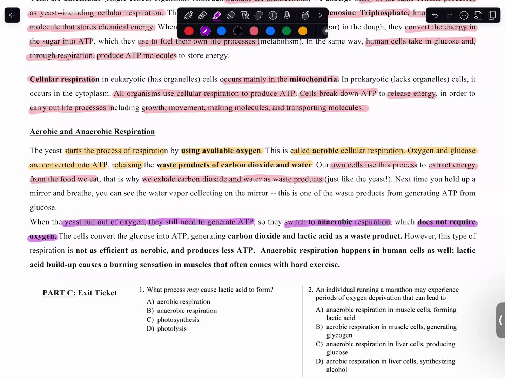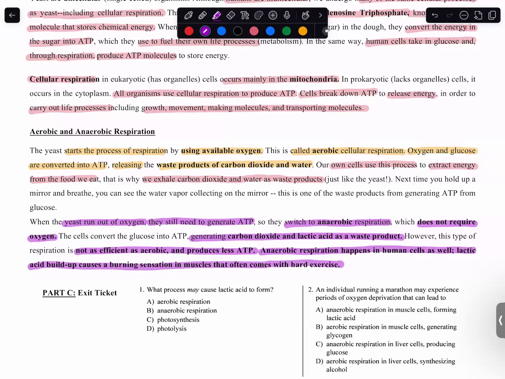The cells convert the glucose into ATP, generating carbon dioxide and lactic acid as a waste product. However, this type of respiration is not as efficient as aerobic and produces less ATP. Okay? Anaerobic respiration happens in human cells as well. Lactic acid builds up, causes a burning sensation in muscles that often comes with hard exercise.